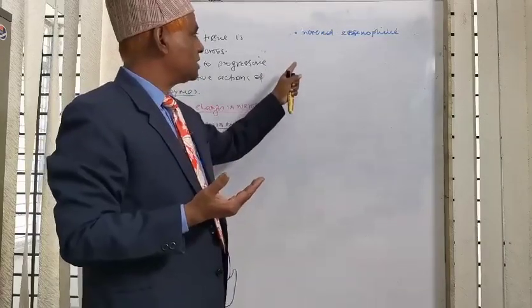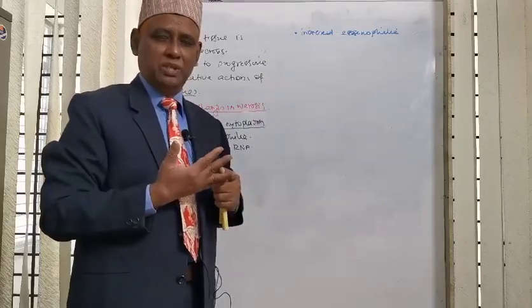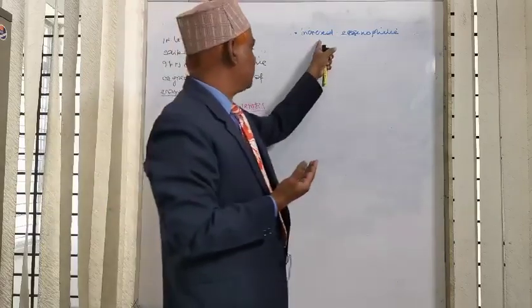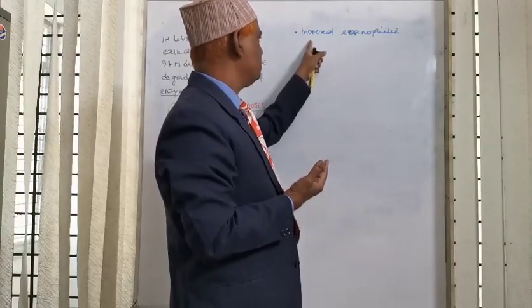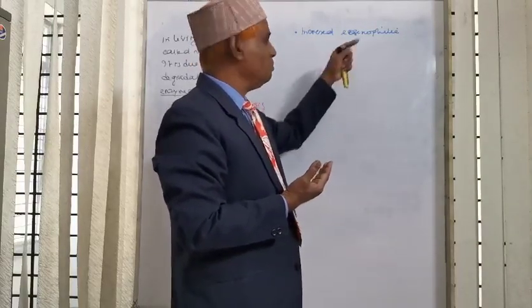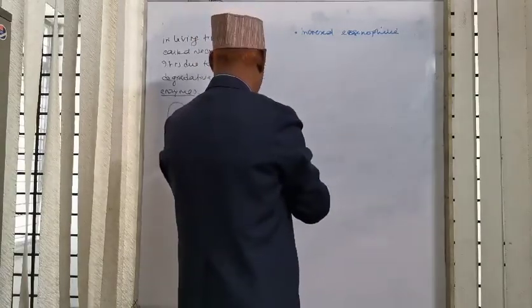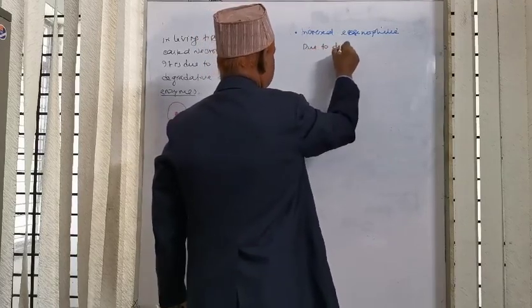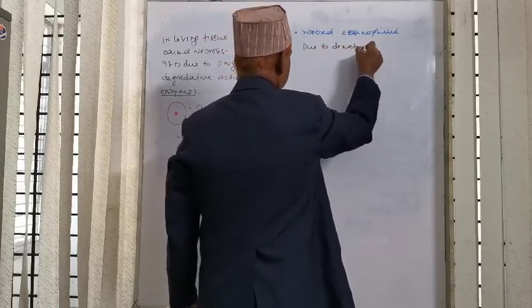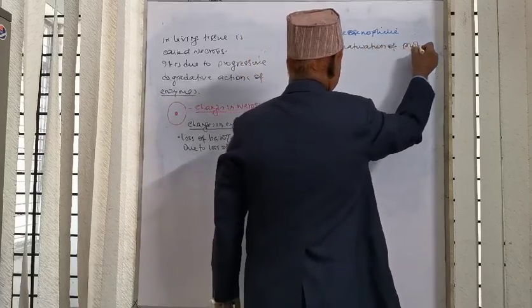And denatured protein, when stained by hematoxylin and eosin stain, takes the eosin color. So due to denaturation of cytoplasmic protein, the cytoplasm becomes eosinophilic. It is due to denaturation of cytosolic proteins.